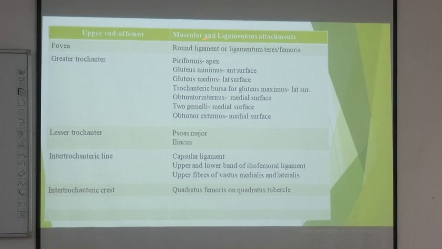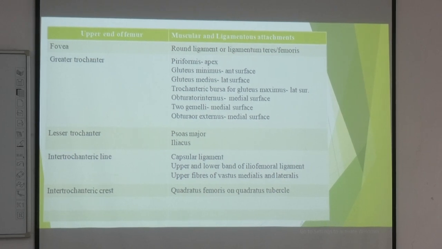That ligament we call ligamentum teres femoris. It has an embryological importance, but we are not discussing that right now. In short, we call it the ligament of the head of femur.